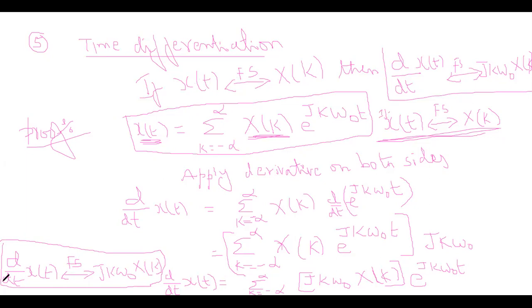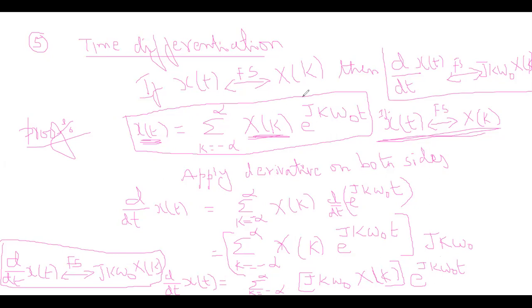Same thing here also: if the Fourier series of d by dt of x of t is j k omega naught x of k, that satisfies this equation. The d by dt of x of t is equal to the sum of k equal to minus infinity to infinity of j k omega naught x of k e power j k omega naught t.